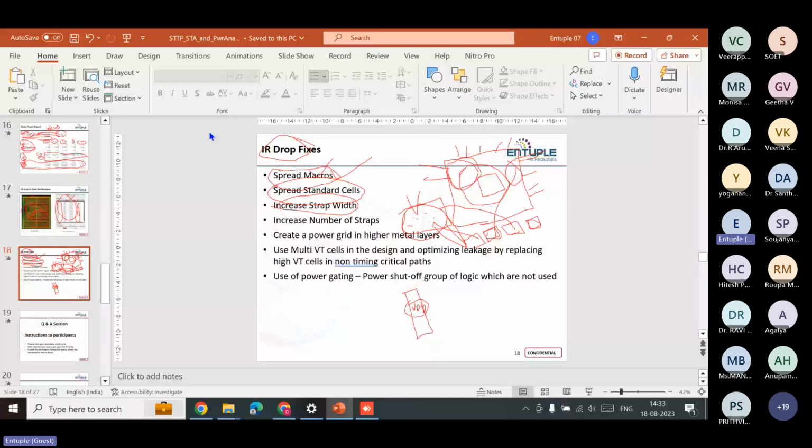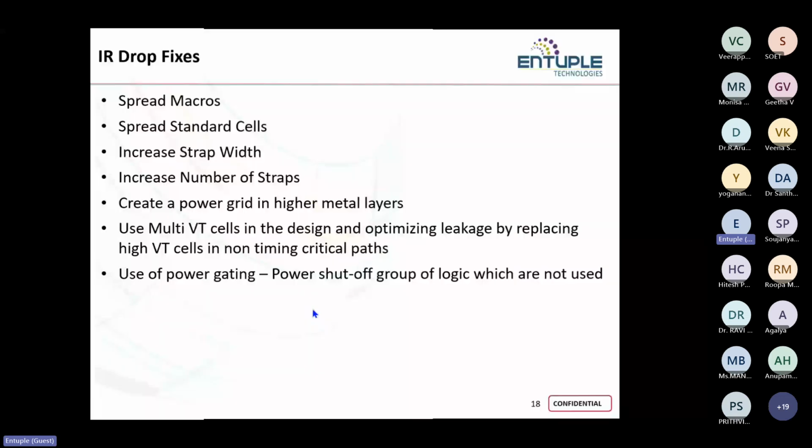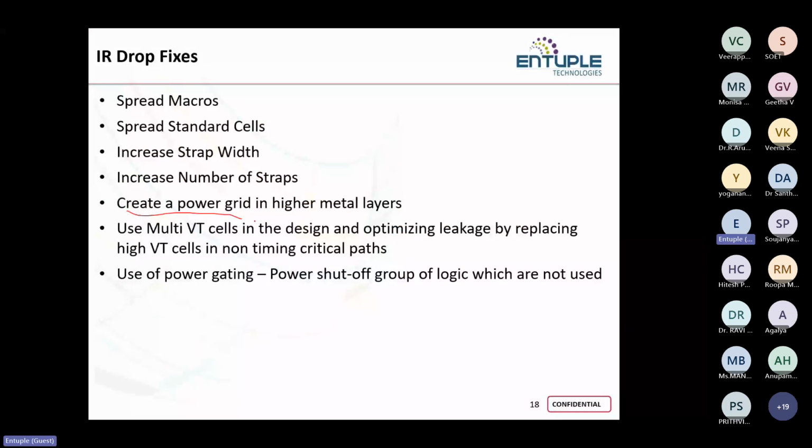The highest metal layers are preferred for the power grid, so it will have less resistance, and it will be easier for you to get the PG network, the power ground network. Also use multi-VT cells in the design to optimize leakage, and high VT cells in the non-critical paths, with different VT cells for critical and non-critical paths.